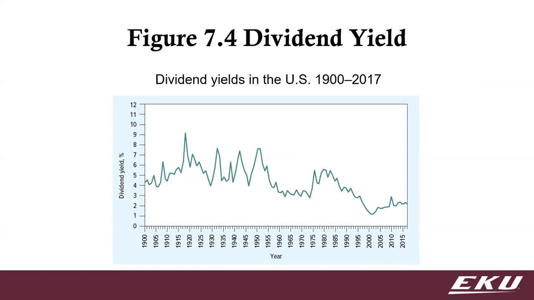This will show you dividend yield. If you notice, dividends swung a bit and then they dropped and held fairly steady from the 1950s up to the mid 1970s. Then you notice they went higher through the 80s and then dropped again. What you're seeing is mostly an artifact of tax policy, right?